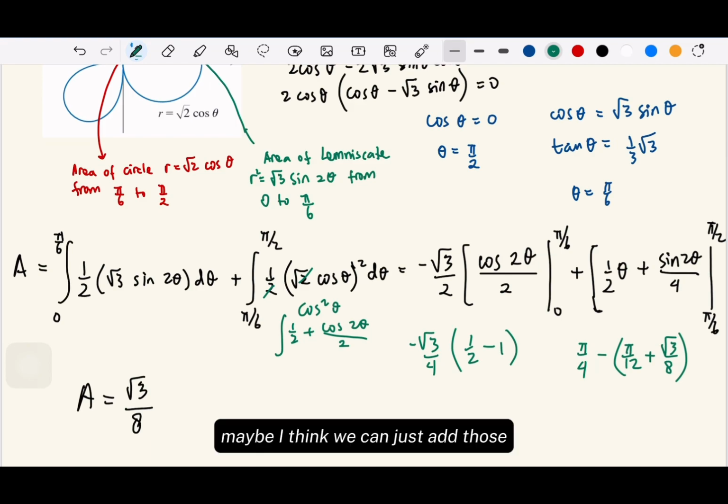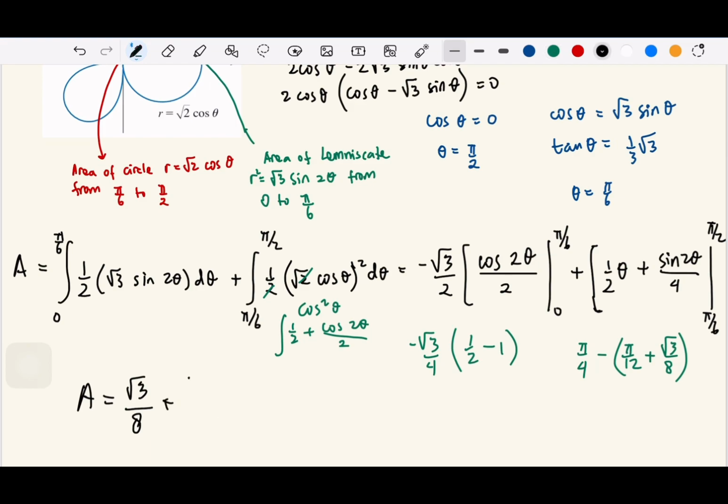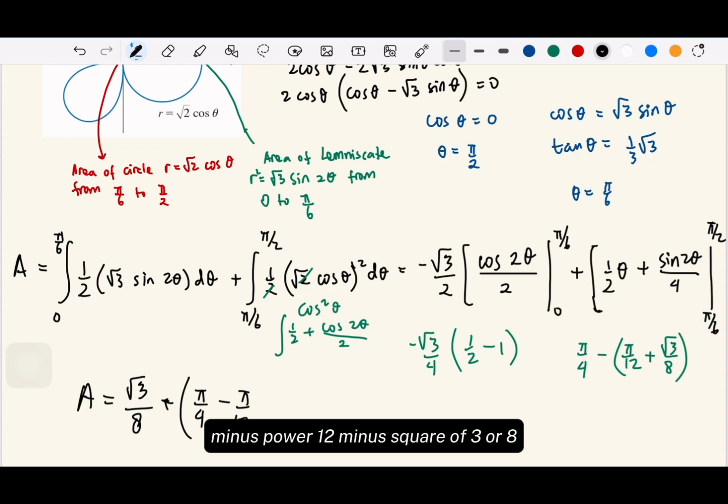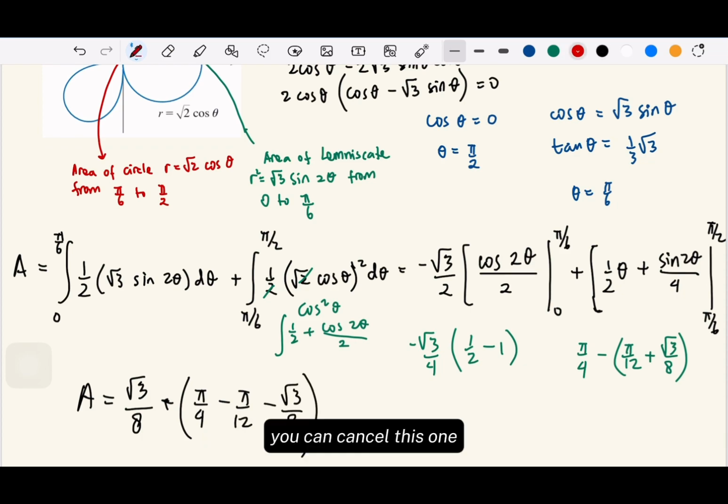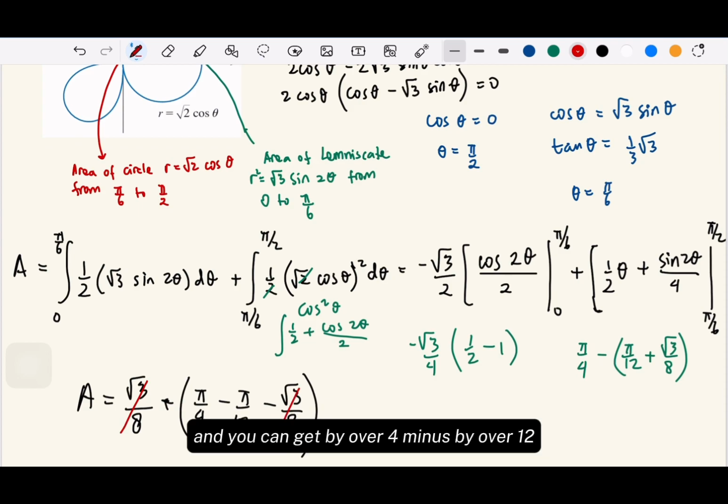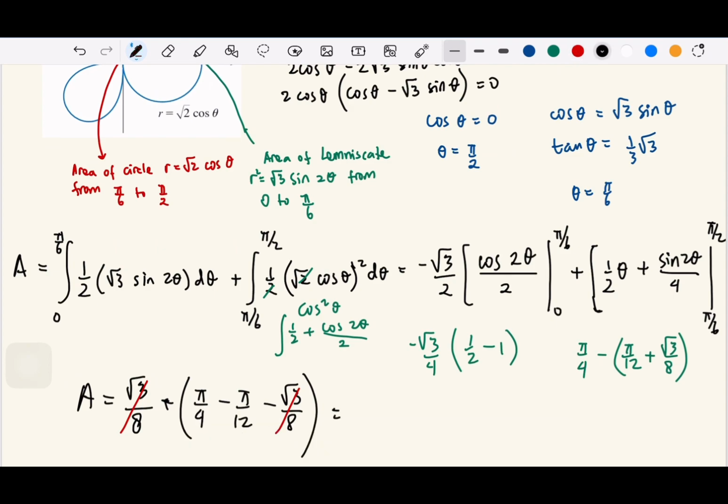Okay, I think we can just add those. So pi over 4 minus pi over 12 minus square root of 3 over 8. We can cancel this one and we can get pi over 4 minus pi over 12. It's 3 over 12 minus 1 over 12, so it's 2 over 12, or pi over 6.